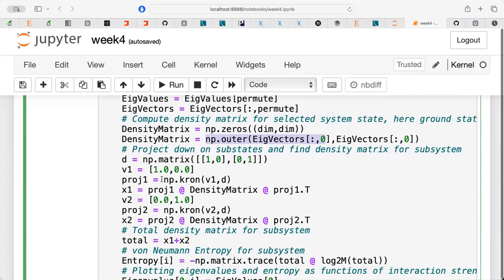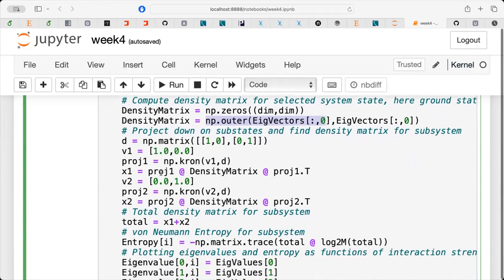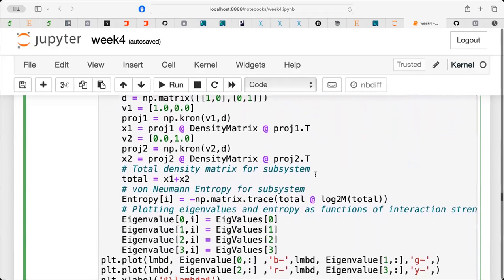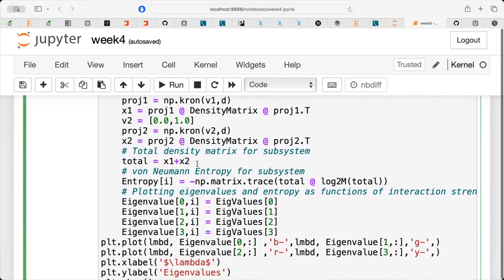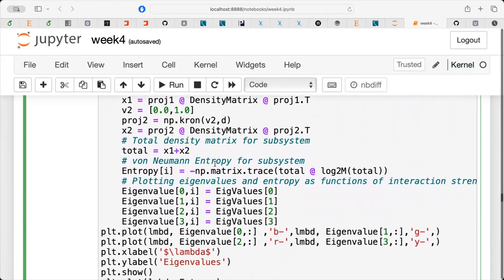I'm calculating the projection as a tensor product between the qubit 0 and the identity matrix. And I set up this projection, calculate the density matrix, do the projection transposed. And then finally, I add the two quantities and I have my density matrix for the subsystem. And then with the density matrix, I now calculate the entropy.